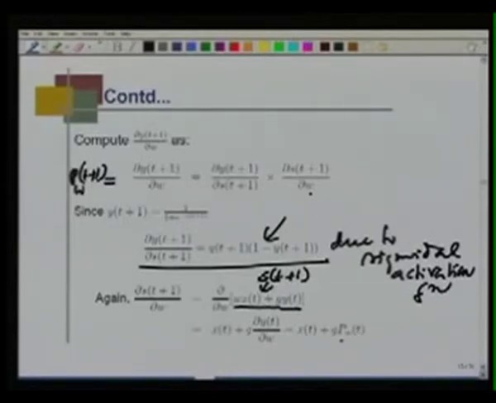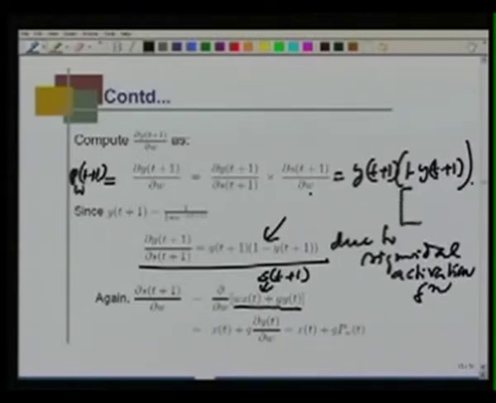So, P_w at t plus 1 is finally y at t plus 1 into 1 minus y at t plus 1, into x_t plus g P_w at t.